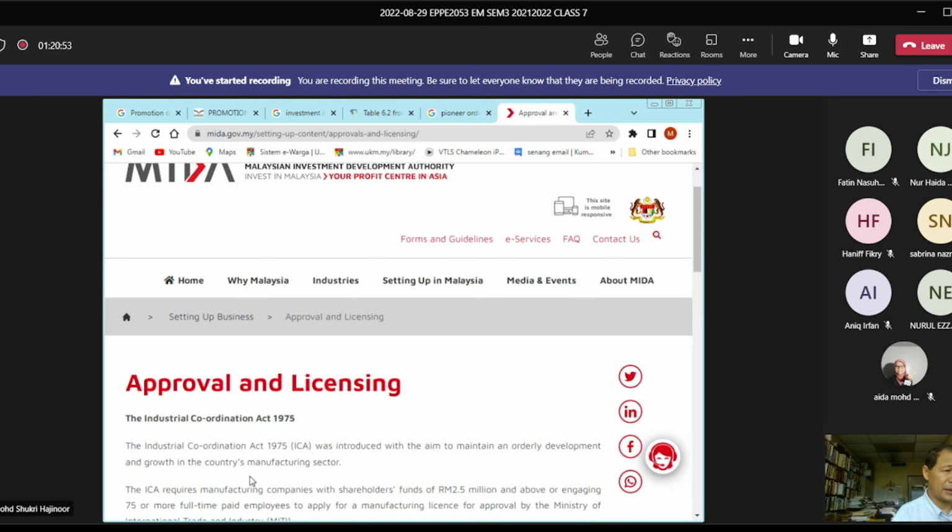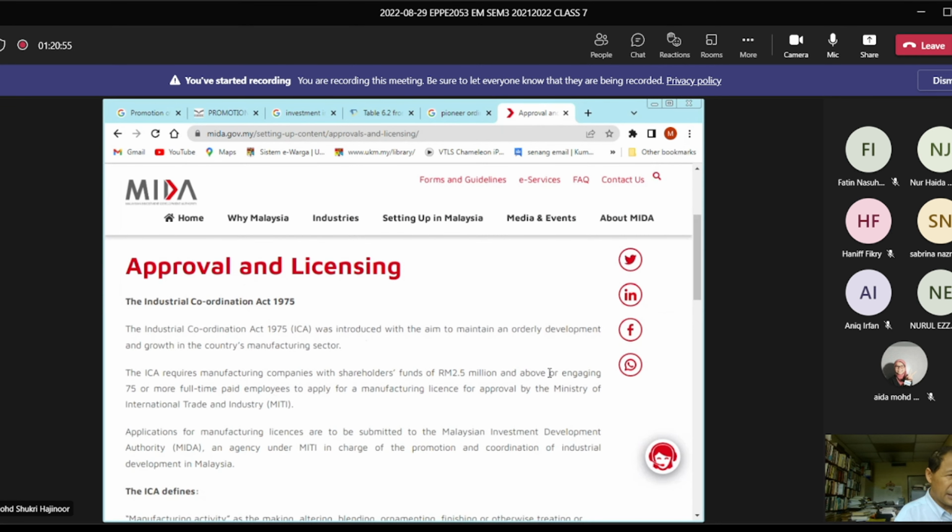So here you can see, number one, the amount of funds is 2.5 million and above, and engage or employ at least 75 full-time workers in order to get a license from MITI, this MIDA, okay?